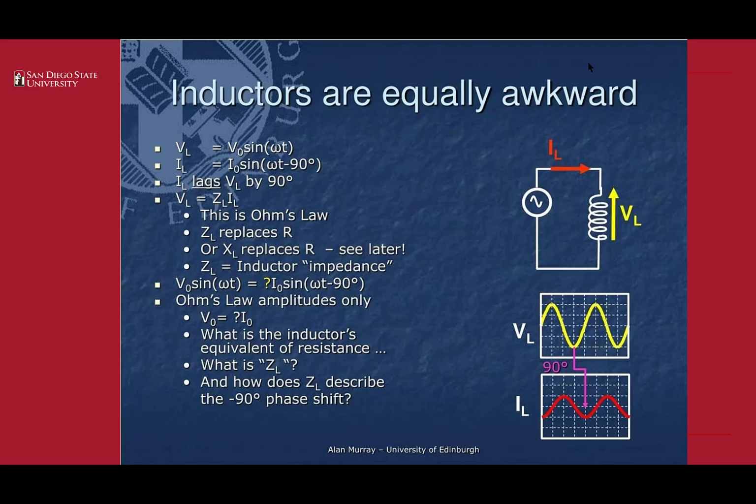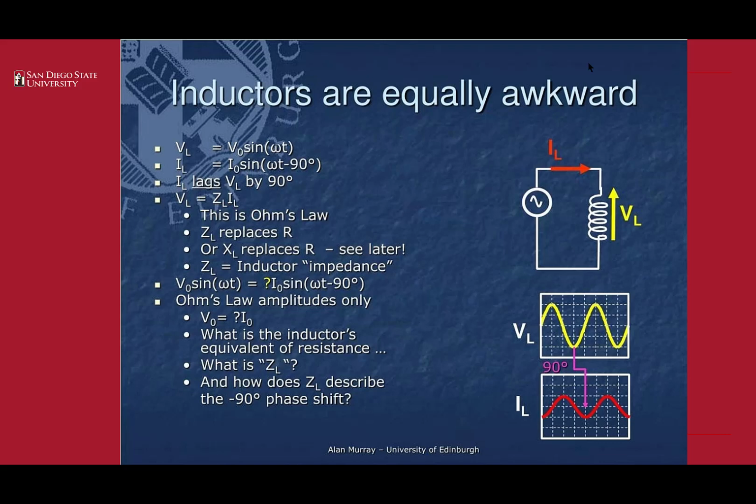IL, the current that passes through the inductor, equals I0 times sin(omega t minus 90 degrees). Here the phase shift is not plus 90 degrees but minus 90 degrees. And this translates as IL lags VL by 90 degrees.